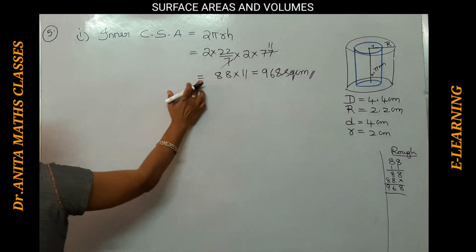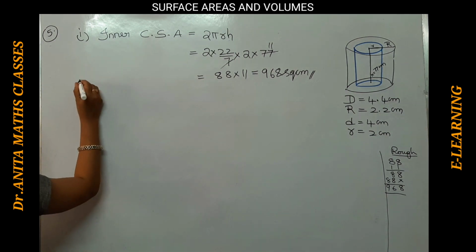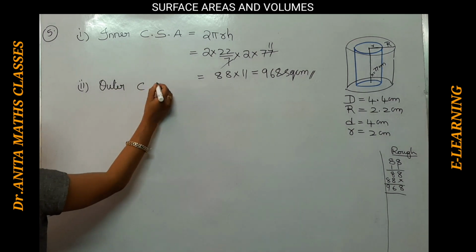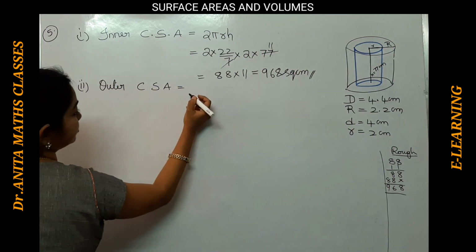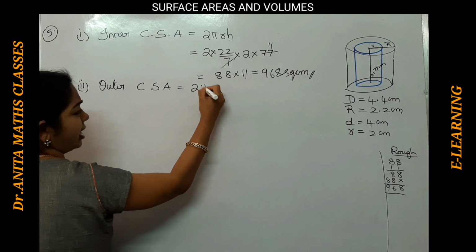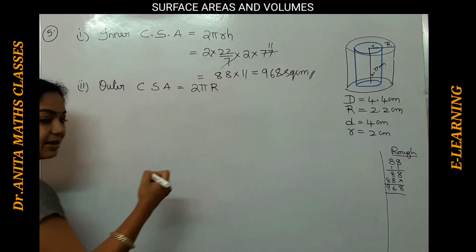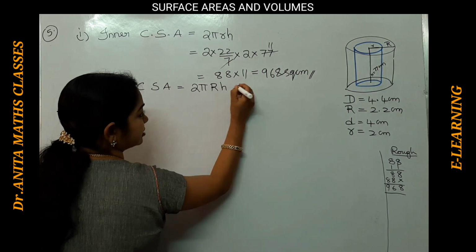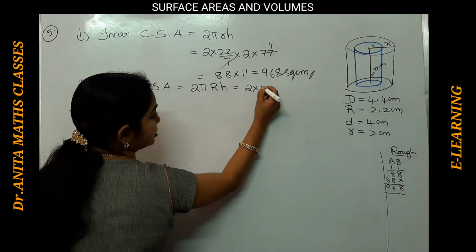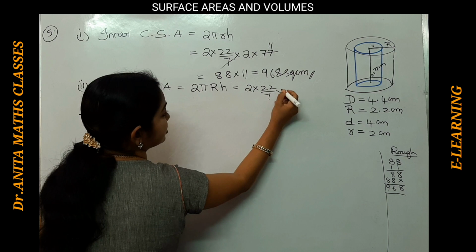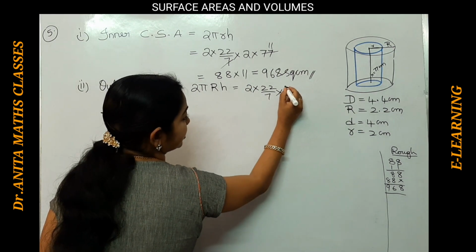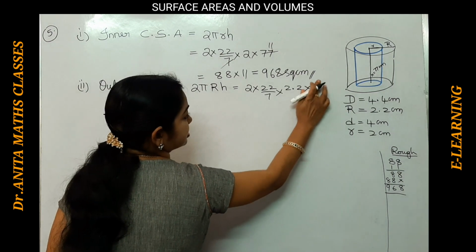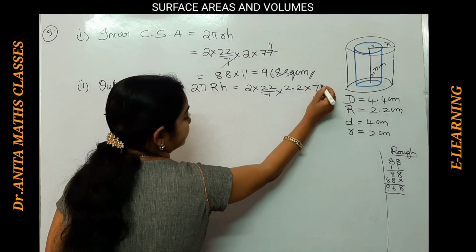Now we'll go for the second part, the outer curved surface area. The outer CSA is equal to 2 pi R h only, but we take R as capital R because we have to consider the outer radius. H is the same. So 2 into 22 by 7 into R, capital R is 2.2, into H, which is 77.